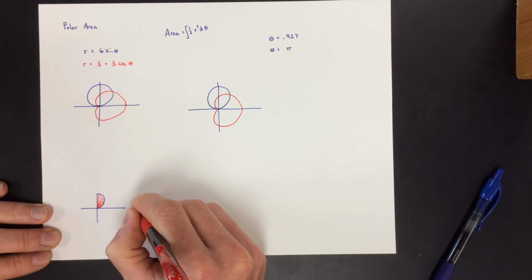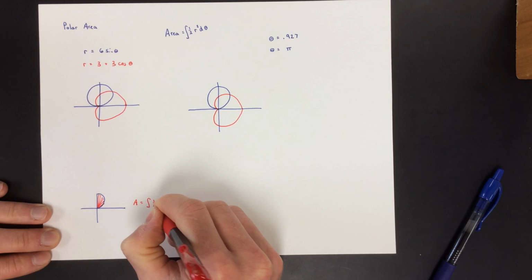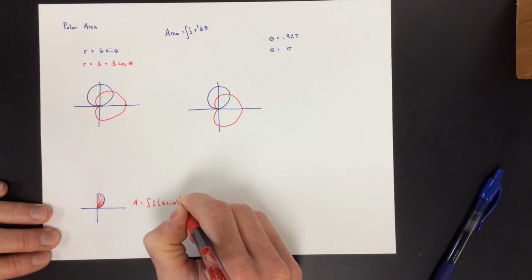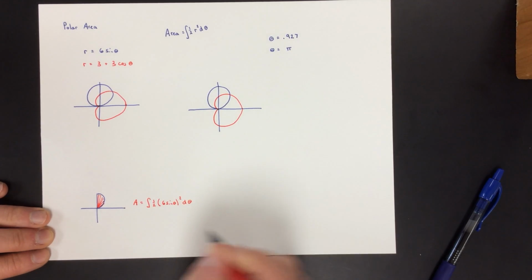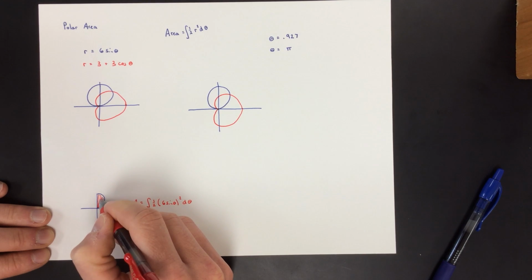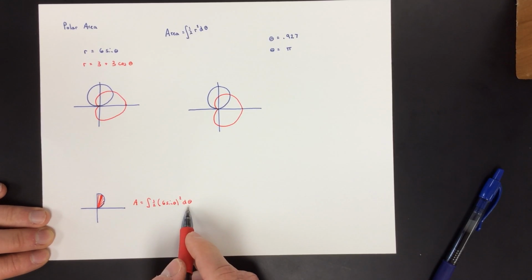So the area there would be the integral of 1/2 (6 sine theta) squared d theta. And again, if you make your angle small enough, then all of these become the same. So you're finding each one of these little bitty sectors, and we know that the area formula for a sector is 1/2 r squared theta.